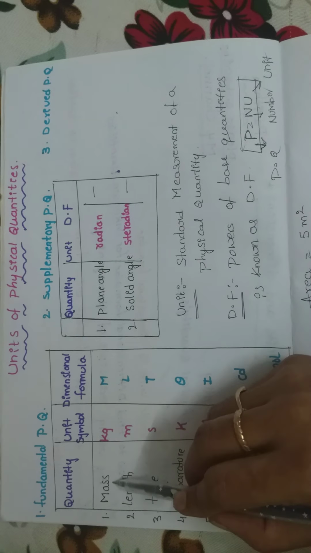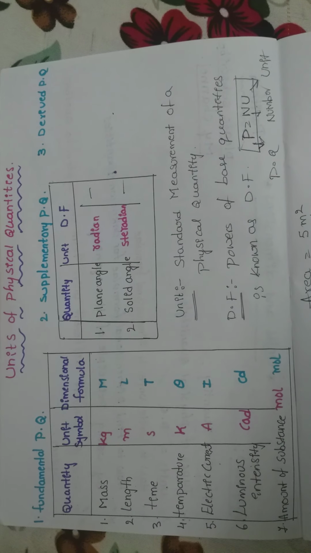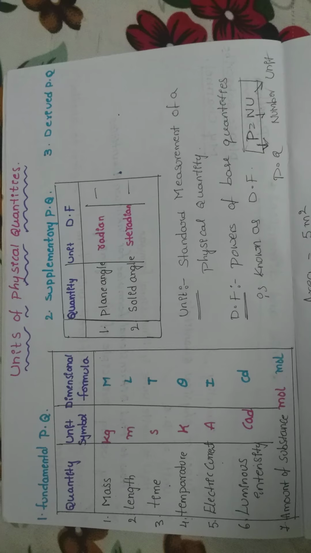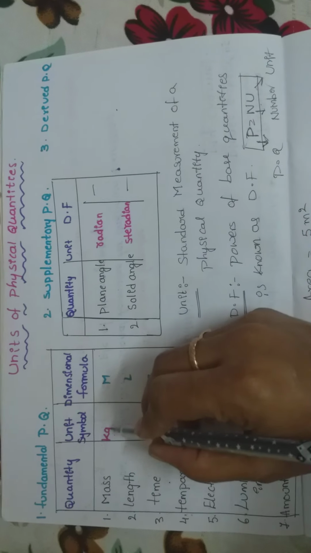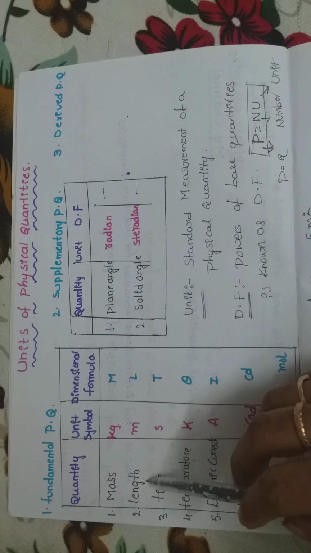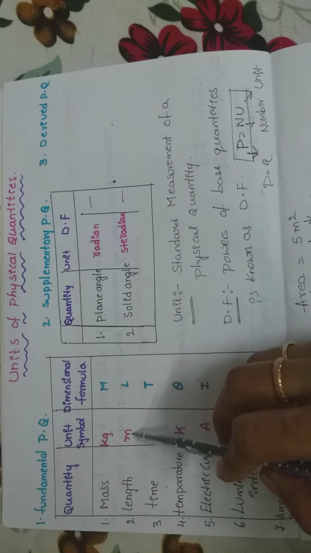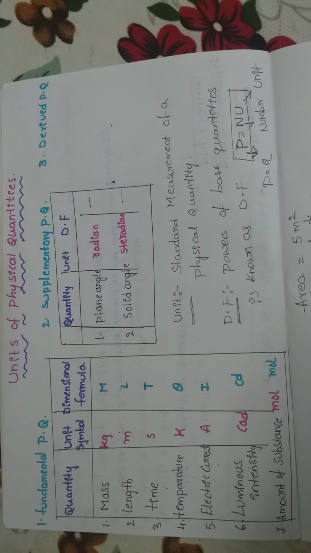Let's see. So mass is measured in terms of kilogram. Kilogram is the unit and the symbol is kg. Like that, length we should measure in terms of meter. Meter is the unit, symbol is small m.